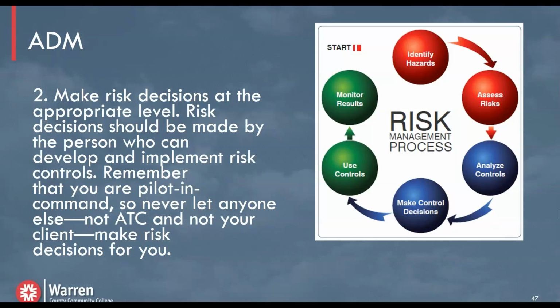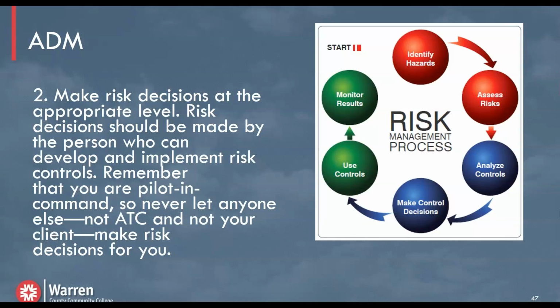Make risk decisions at the appropriate level. So at each phase in that risk process, you can say, no flight today, all right? And almost go into it with that attitude: I'm going to look for every reason to cancel this flight today, rather than I'm going to look for every excuse to fly dangerously. And if you can get through all those reasons, then you should have a good, successful mission.